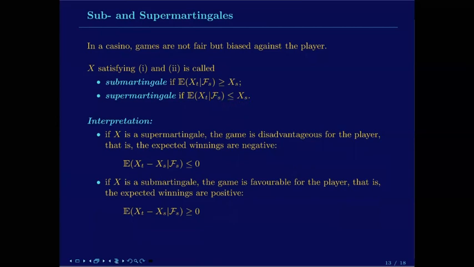So the interpretation with respect to wealth: you expect your wealth to be smaller than your current wealth. That is the situation you should have in the casino. We call it a supermartingale, and a submartingale if the expectation is larger or equal to your current state. So a supermartingale would be disadvantageous for a player, while a submartingale is favorable.